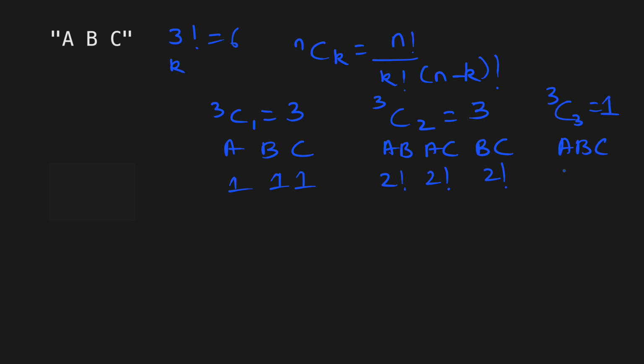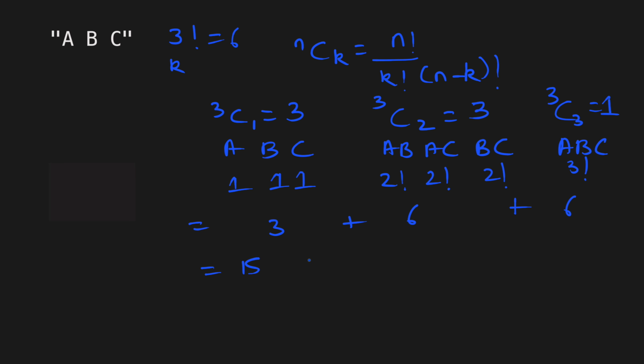And for ABC, we already saw that the permutations of this string will be 3 factorial, that will be equal to 6. So in this case, we will be generating 3 into 1 factorial plus 3 into 2 factorial plus 1 into 3 factorial sequences, which will be equal to 15 sequences, and that will be our answer.